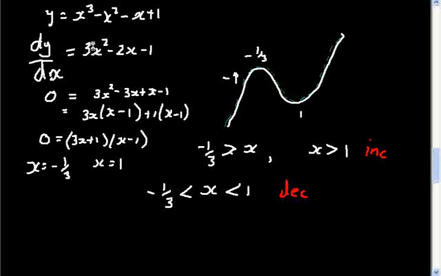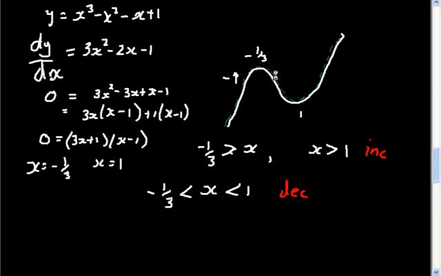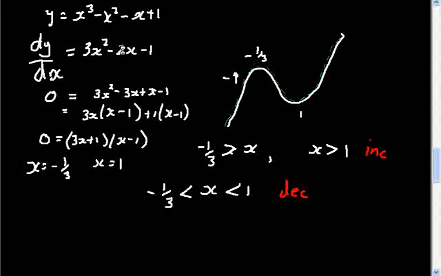I substitute negative 1 into this equation. Negative 1 squared, and 2 times negative 1 gives plus 2 because of the minuses. So that's 3 plus 2, 5, that's 4. The gradient is 4, so therefore it's increasing.